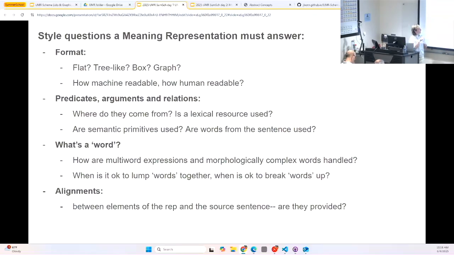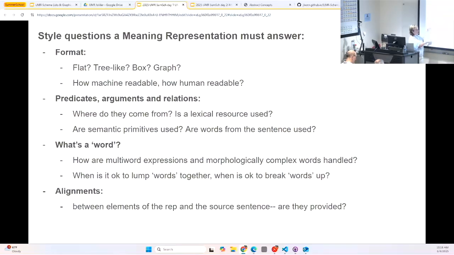So if you're taking elements from the sentence, how are you allowed to break words down and put them into the representation as separate parts? Can you take a single morpheme and have it be a single chunk in your graph or whatever? How far can you break words down, and how many words can you clump together and put into a single node?